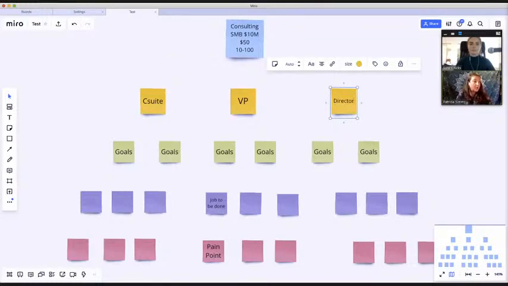In the smaller SMB, you might not necessarily see a VP title. It might just be a bunch of directors or even managers. Sometimes in smaller companies, you can go directly to the manager and they are a decision maker based on the size of the company. So you might be axing out one tier altogether. I just am not entirely confident I can answer that right here, right now.